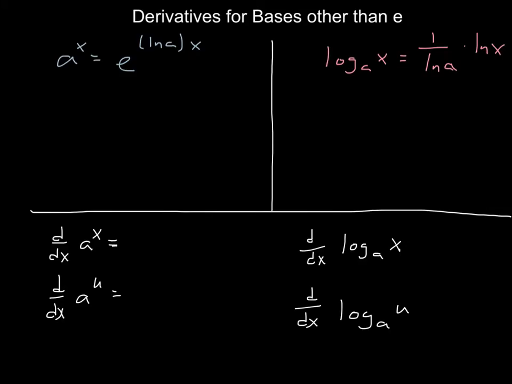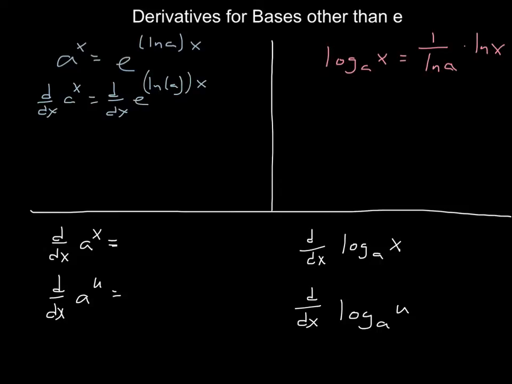Now let's derive the derivative formulas for these two functions, a to the x and log base a of x. So I know in this case that a to the x is e raised to the natural log of a times x. And you need to remember that we have defined that the derivative of e to the x is itself. So when I want to find the derivative with respect to x of a to the x, I need to take the derivative of e raised to the natural log of a times x.